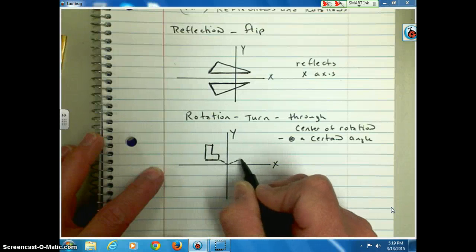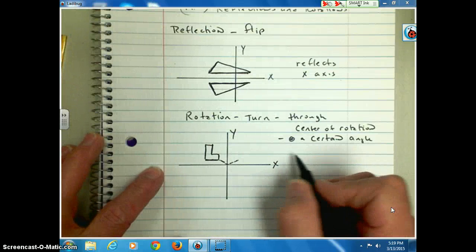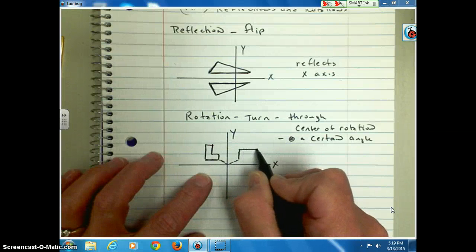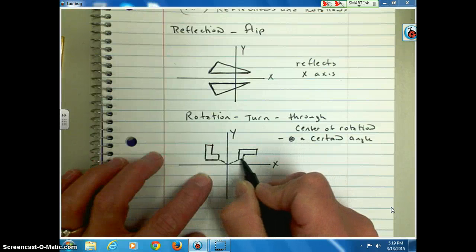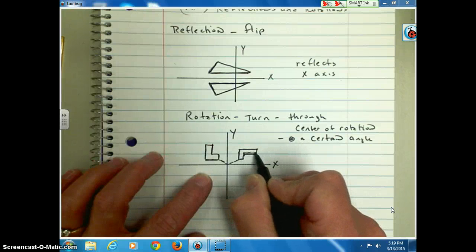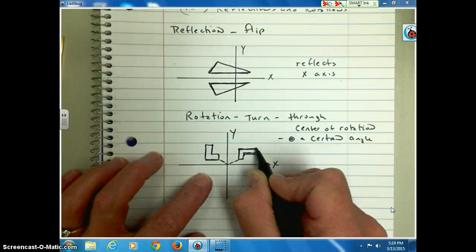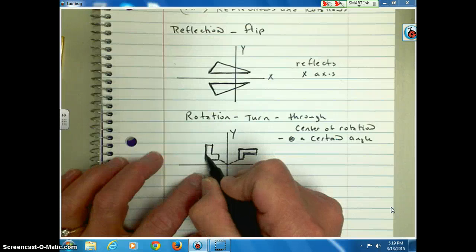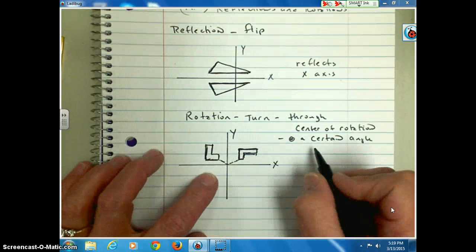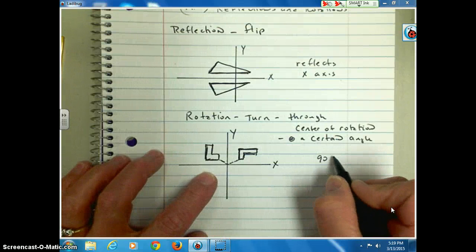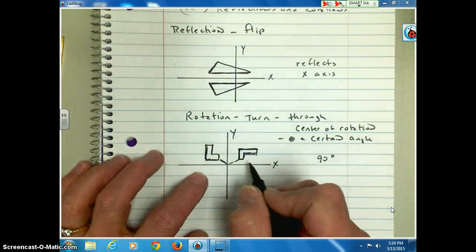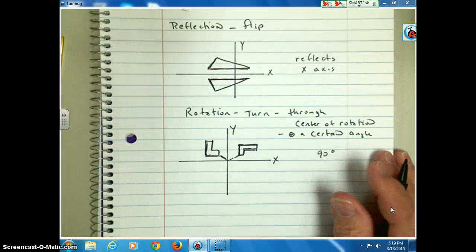We're going to rotate this at 90 degrees. So now let's turn it, and we're going to draw it, kind of making it as congruent as we can. And so this is going to be our example of a rotation, and this rotates at 90 degrees. So from this point to this point, it rotates 90 degrees.